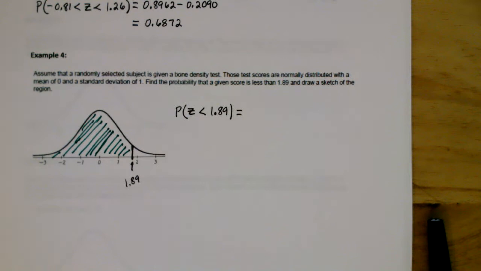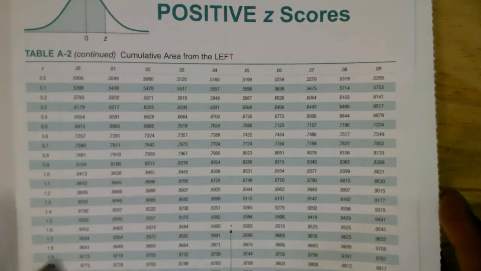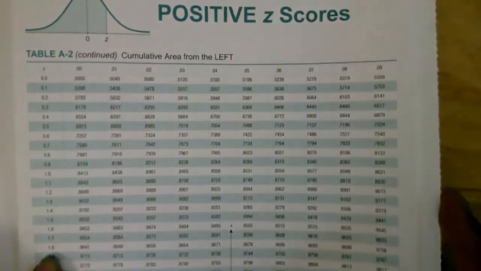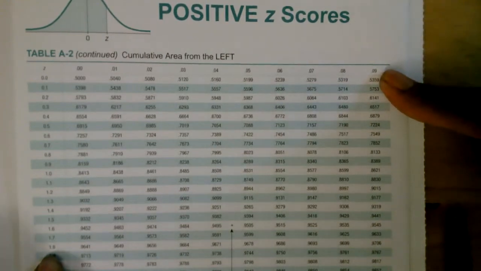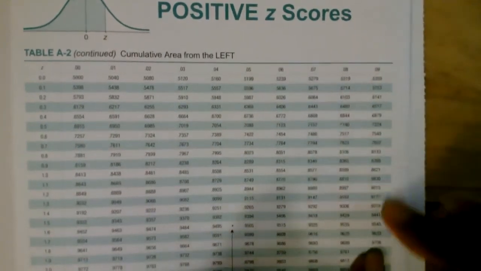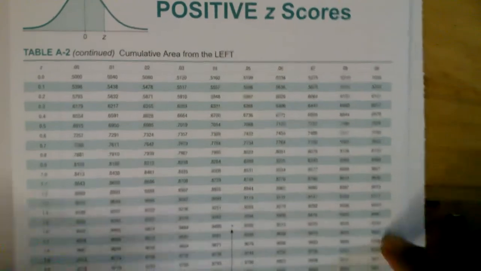So here I use table A-2, and it is a positive 1.89. So we use the positive z-scores page. We're going to find 1.8, which is here, and then 0.09, which is up here. Go all the way across and all the way down, you'll see that we come up with 0.9706.